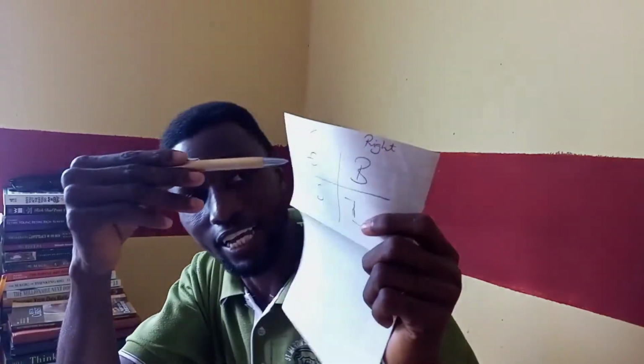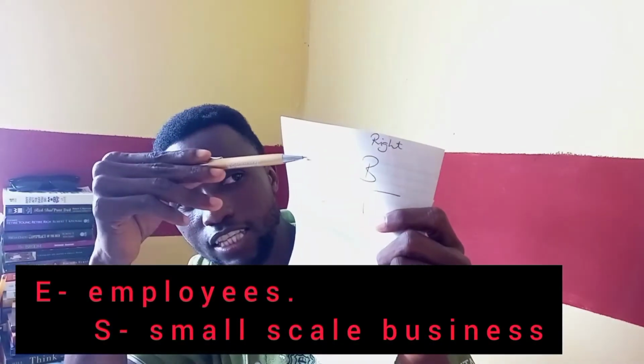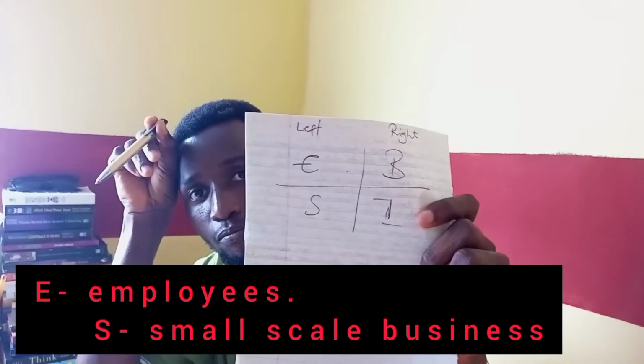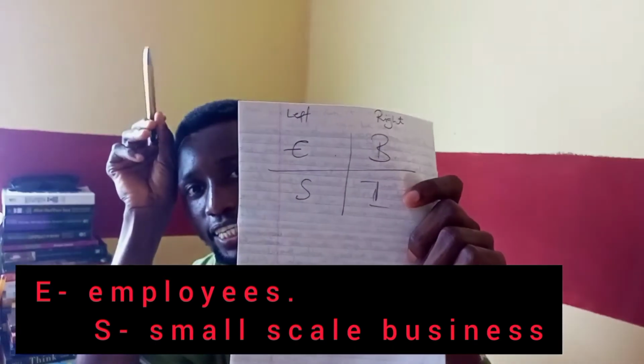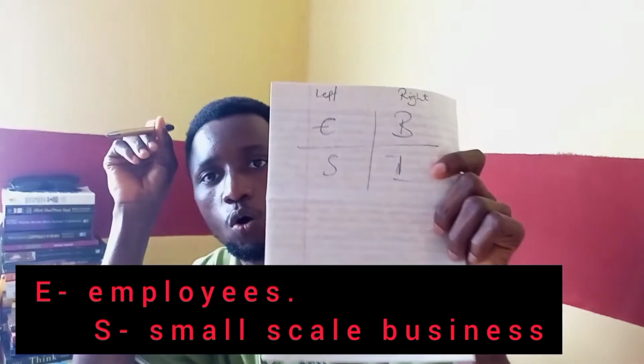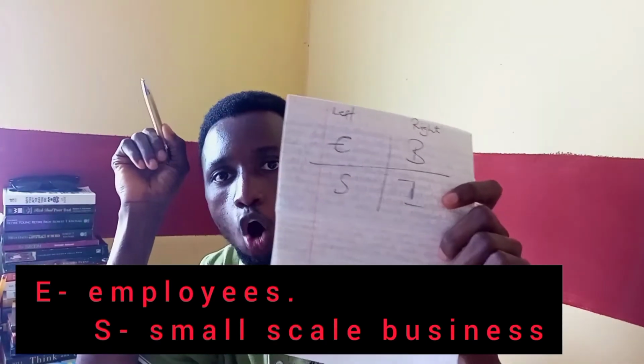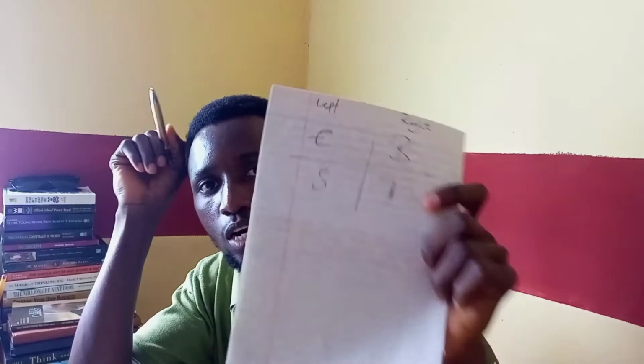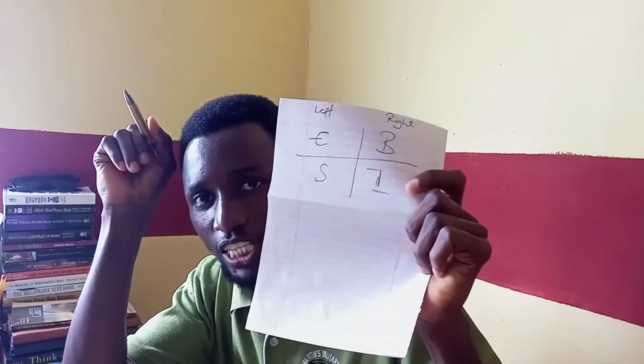Now, let me explain what all these things in the quadrant stand for. The first one from the left hand side, the E, stands for employee. And then the S stands for small scale business owners or specialists.